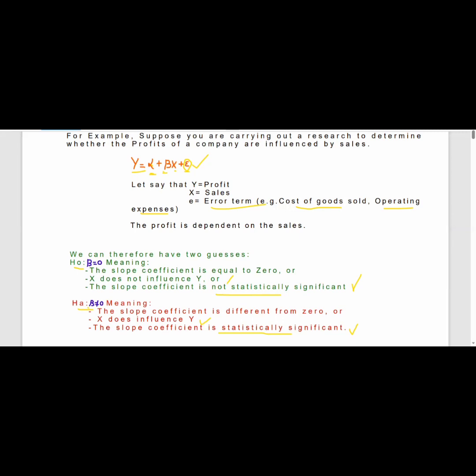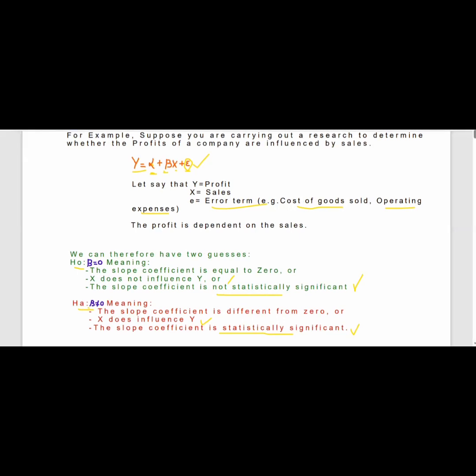When you carry out your research using the 3 approaches in hypothesis testing, if, for example, the test of significance is less than 0.05, you can conclude that the slope coefficient is statistically significant.